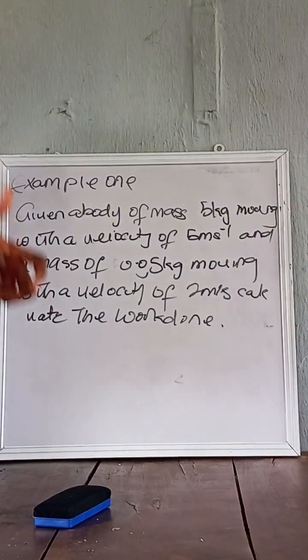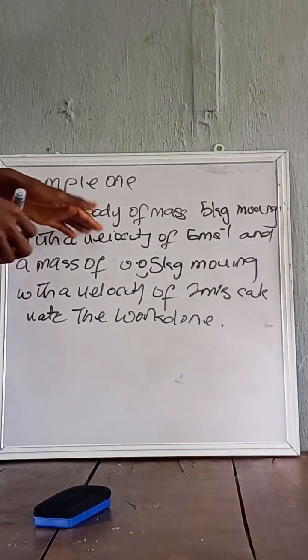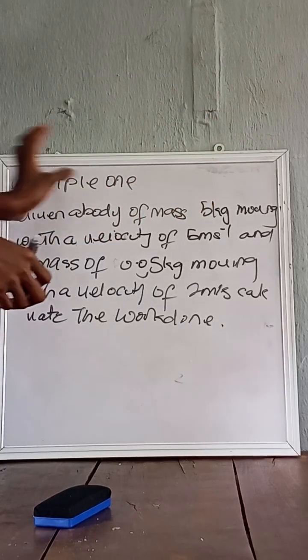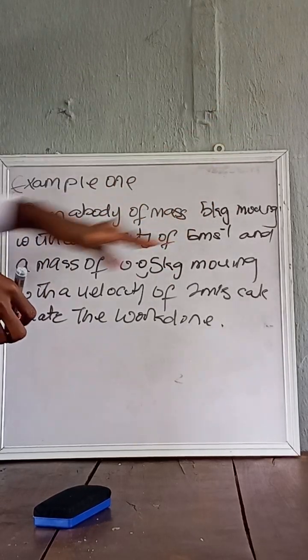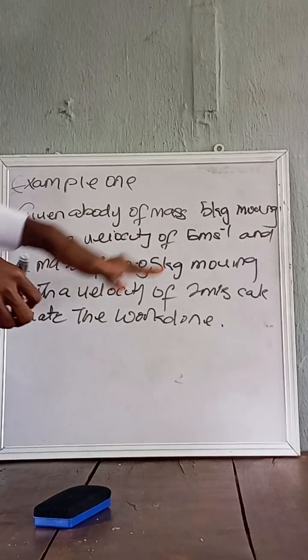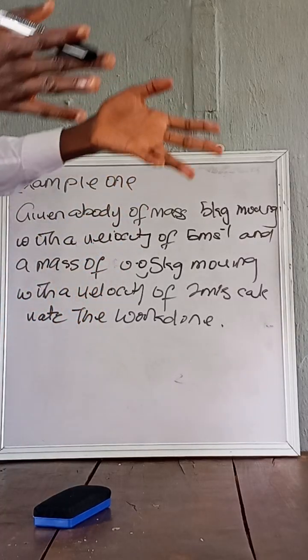This is a hypothetical example. The example is not in your slide. The example says: calculate the work done given a body of mass 5 kg moving with a velocity of 5 meters per second, and a mass of 0.05 kg moving with a velocity of 2 meters per second. Since you have two masses, then you have two velocities.